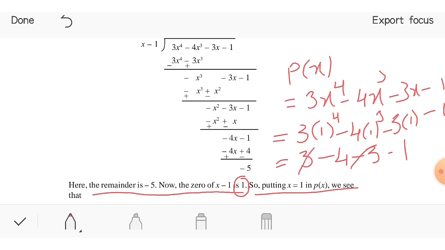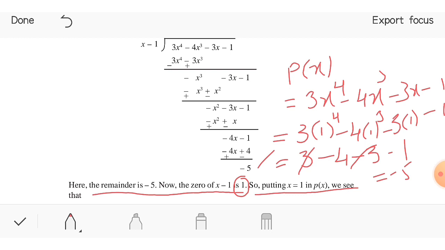Minus 3 plus 3 gets cancelled, we get minus 4 and minus 1, that is minus 5, which is the final answer here. Both are the same, that means it is verified.